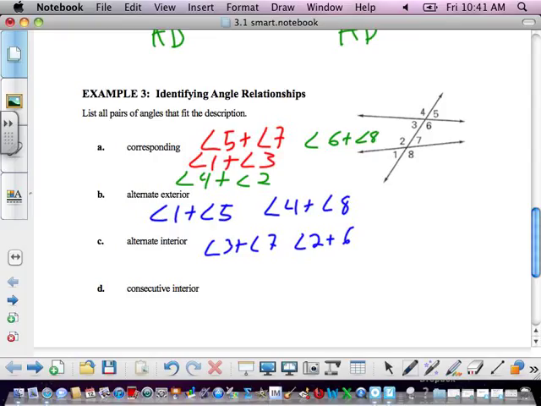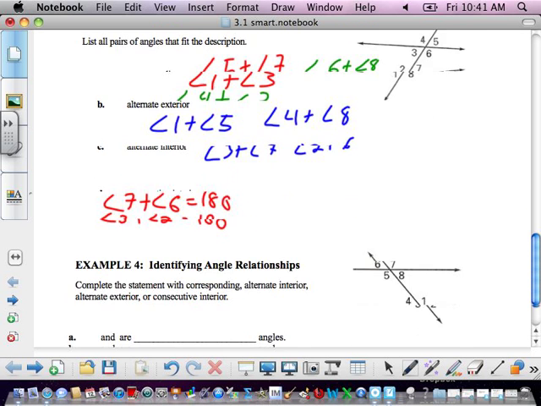So it's on the same side, and it's interior. What are they? 7 and 6, and that's angle 7 plus angle 6 equals 180, where the other ones are congruent. And what's the other one? 2 and 3. So all of them are congruent to each other, except when they're consecutive interior, then they add up to 180.